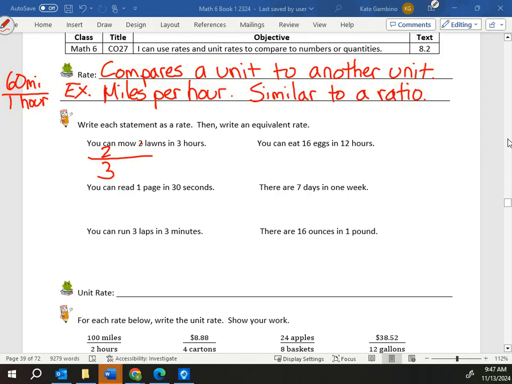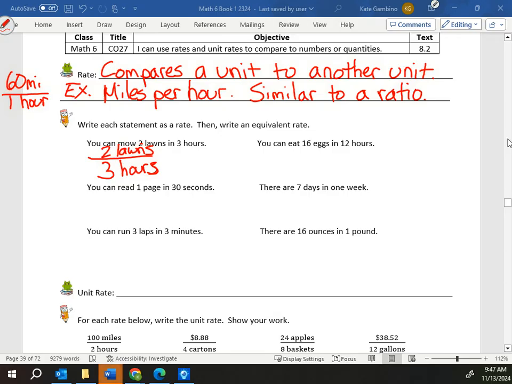When it comes to rates, we must put our labels. This is going to come in handy as we go through math. So in this objective, you go, well, but why? It's just extra writing. You'll see why as we go through. So 2 lawns in 3 hours. We're going to write those labels.